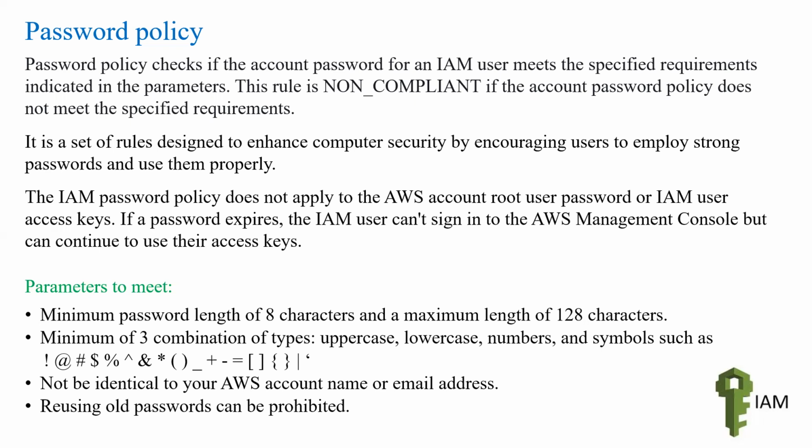To understand in detail, here we have the description. Password policy checks if the account password for an IAM user meets the specific requirements indicated in the parameter. So this rule is non-compliant if the account password policy does not meet the specific requirements.